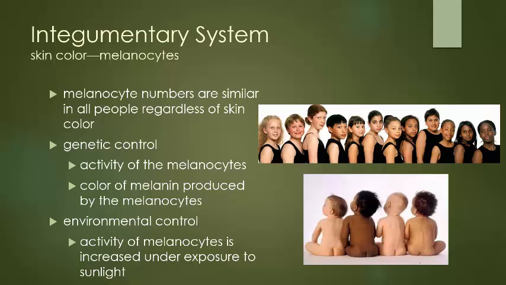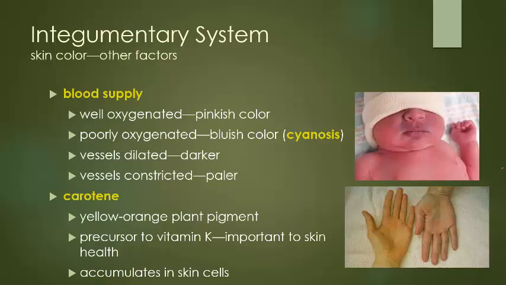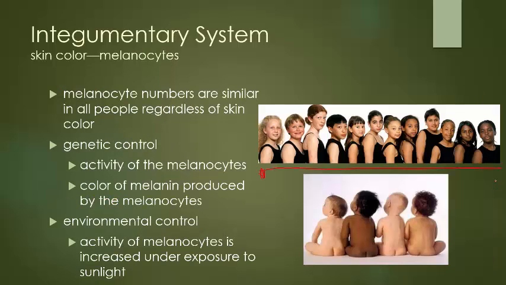And I love this picture. It's taken from National Geographic, and it shows the range of skin colors from the very light-skinned colors here, where there's very little melanin production, all the way down here to the much darker-skinned individuals who produce a fair bit of melanin and invest it into their skin.